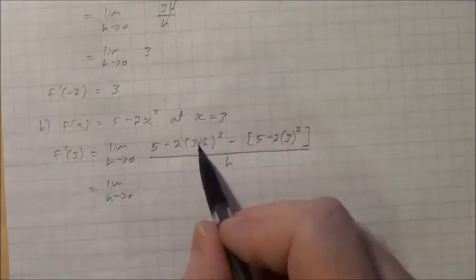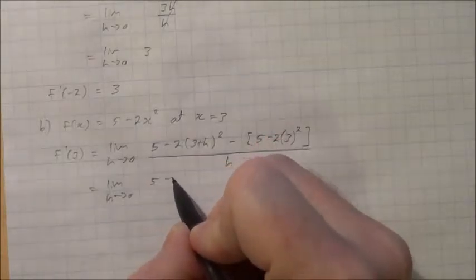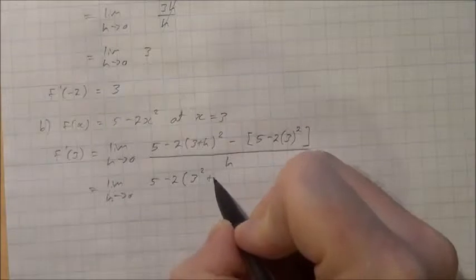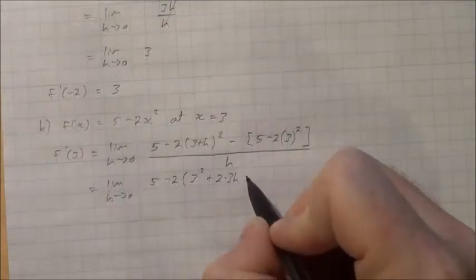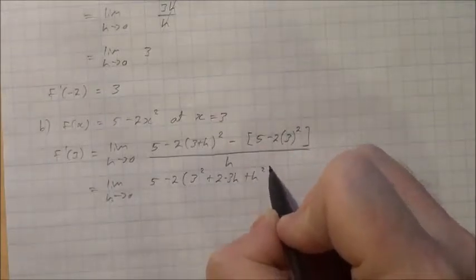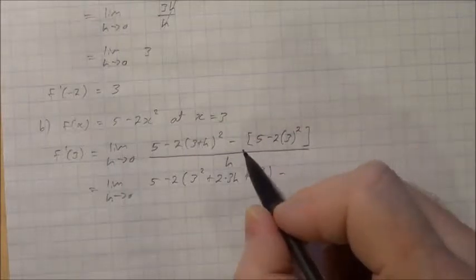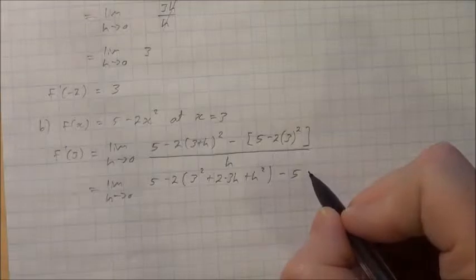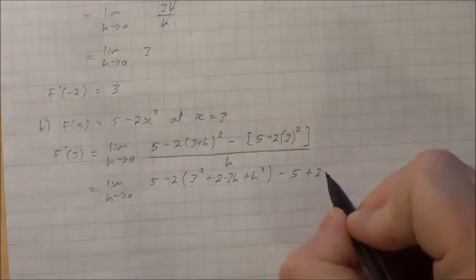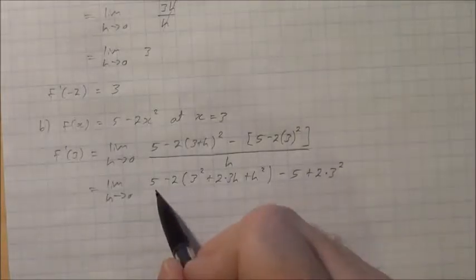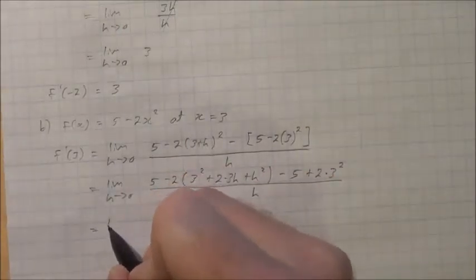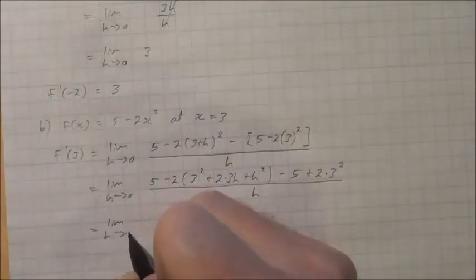Now we'll do a little bit of expanding here. I'll leave this negative 2 out front here for now. 3 squared plus 2 times 3h plus h squared. And then I'll just multiply this negative 1 into the bracket. Negative 5 plus 2 times 3 squared, all over h as h approaches 0.